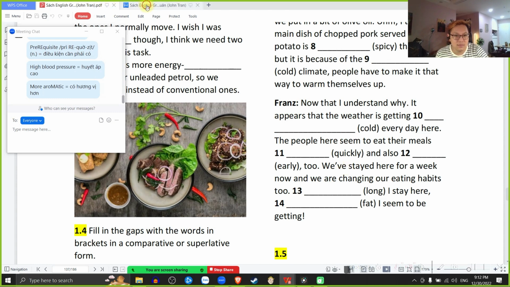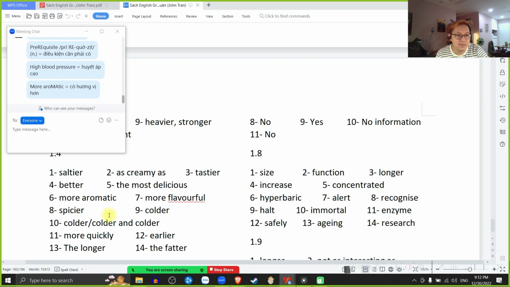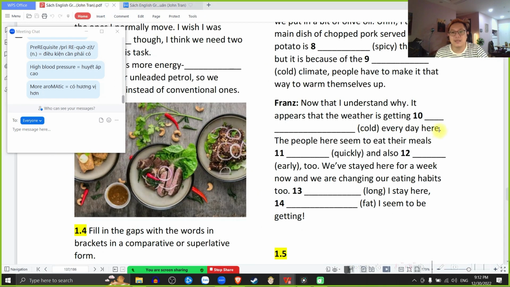Number 10 can be colder and colder. Colder and colder. It's getting colder, or you can say it's getting colder and colder to talk about a trend.